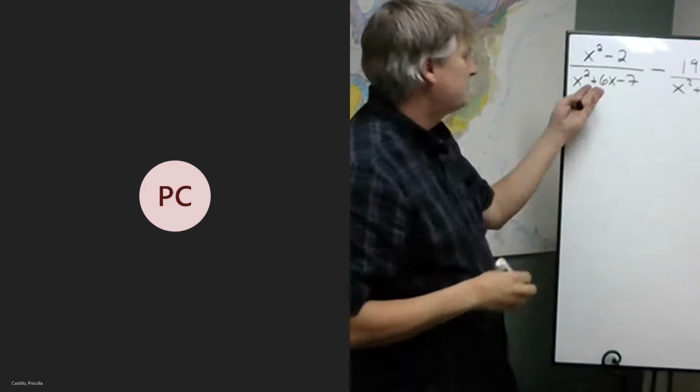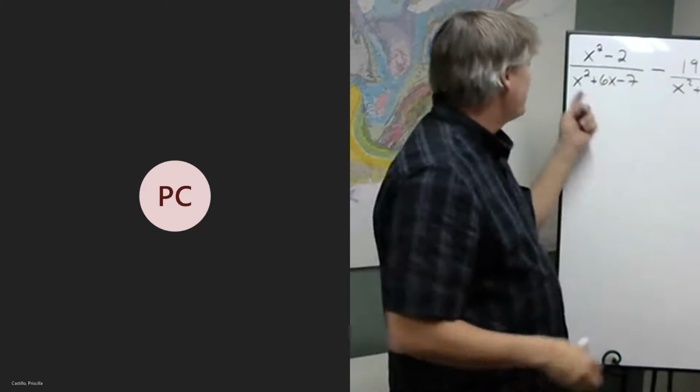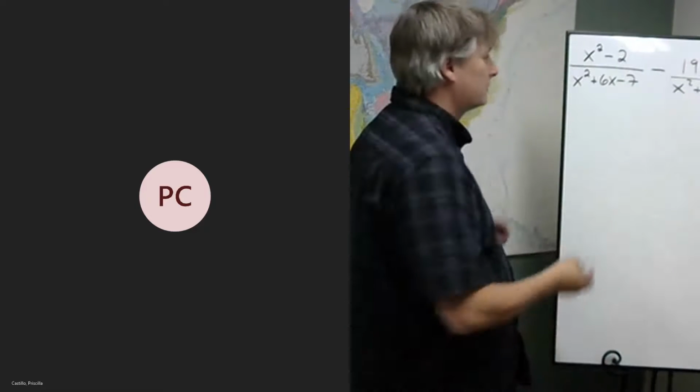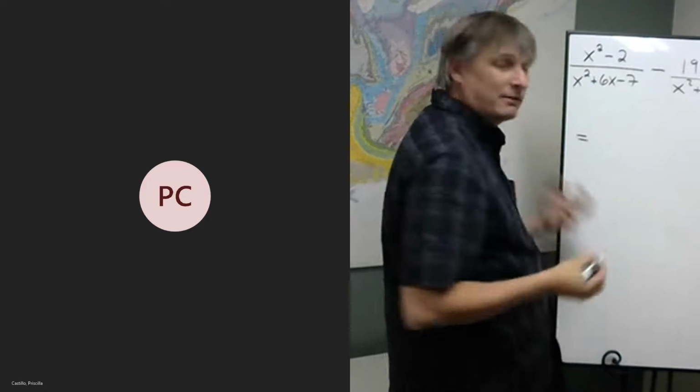So we have two rational expressions. Now they have the same denominator. So when we do this operation, we treat it exactly like a fraction.